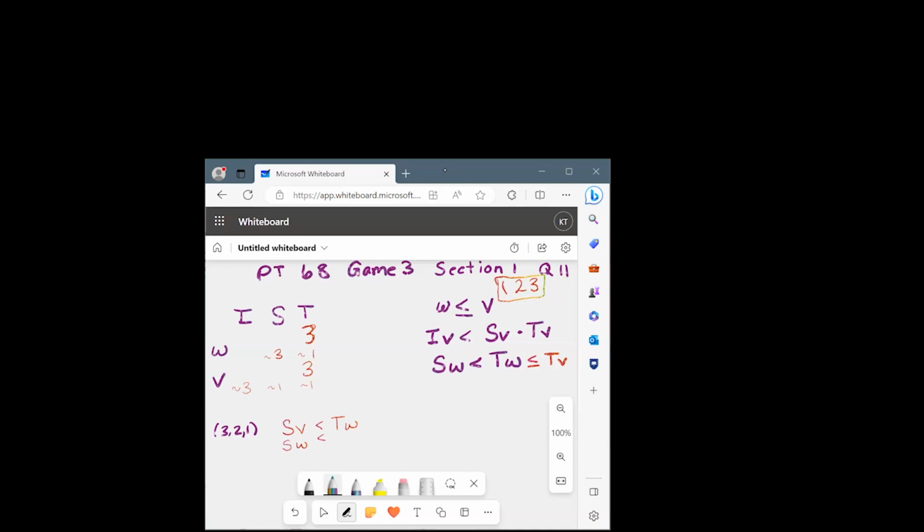Yes, IV has to be less than SV. Yeah, that's exactly what she's looking at. But let's remember we have this added rule here. Let's use this added rule to figure out stuff about SW and SV. And then we can use this rule here and be 100% certain about IV.